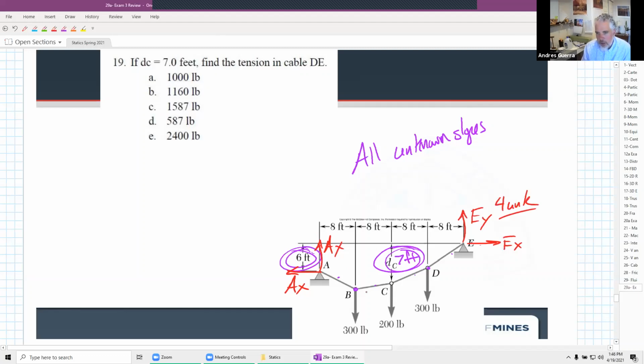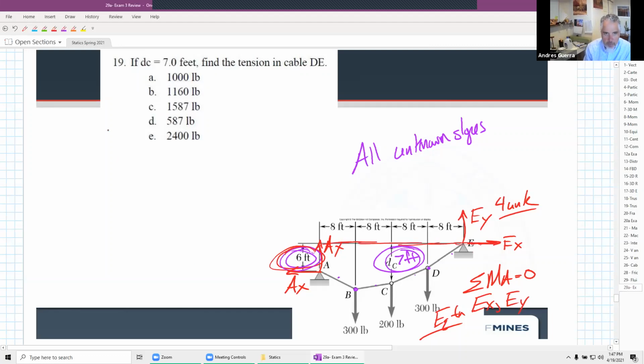So we're not going to be able to solve for anything, but we have at least one. If we sum the moments about A equal to 0, we'll come up with an equation with EX and EY, because we know that 6-foot distance to EX. The line of action of EX is 6 feet above point A.